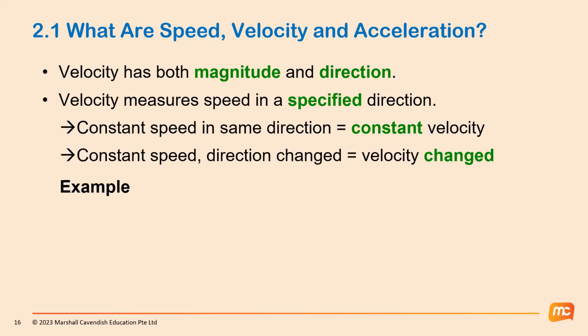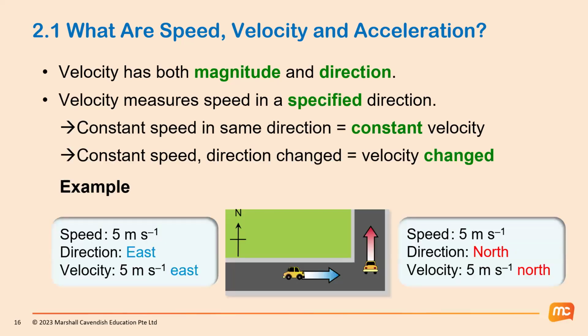So how are speed and velocity different? We say that the velocity will change as long as either the speed changes or the direction changes. Take a look at the following example. You have a vehicle moving along east, and after that it moves along north.